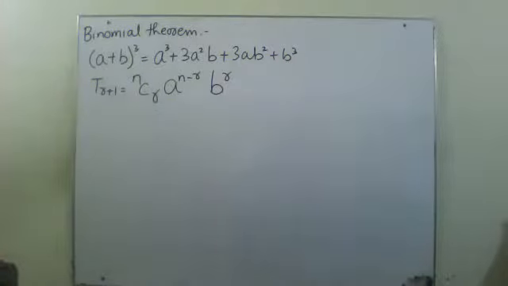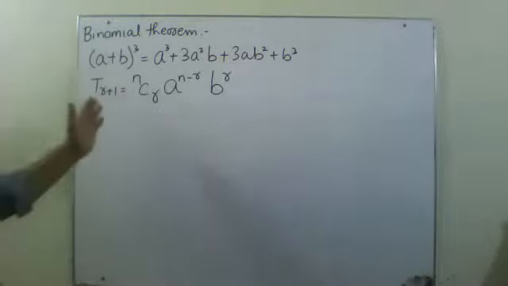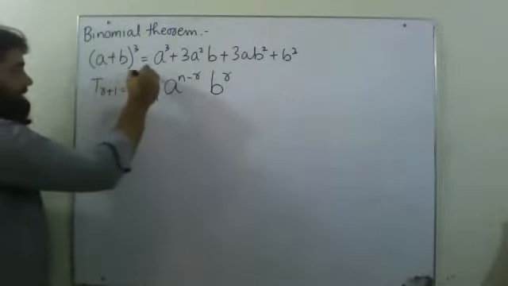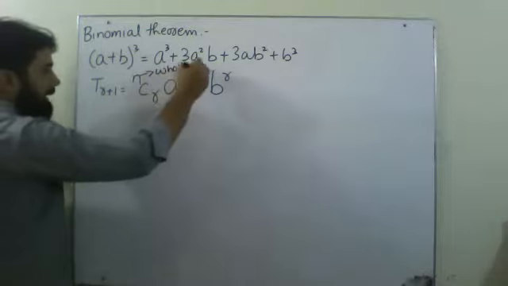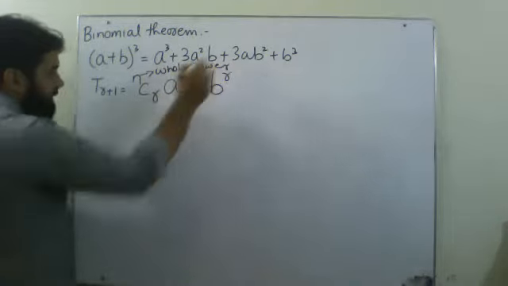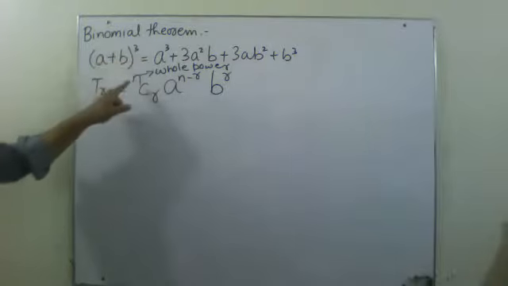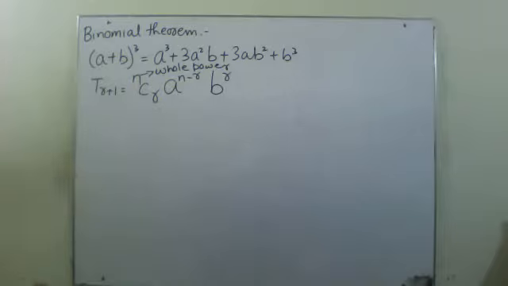Now we are going to simplify it, and I'm going to explain what each term is expressing over here. First of all, n is expressing the whole power on the bracket which is supposed to be expanded. In this case it is 3. n will represent the whole power of the bracket which is to be expanded.